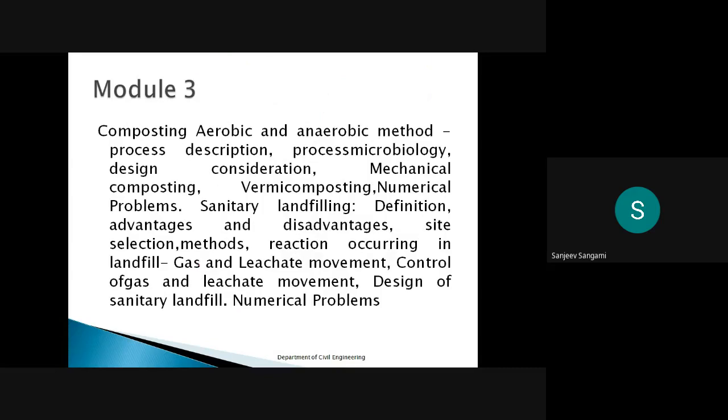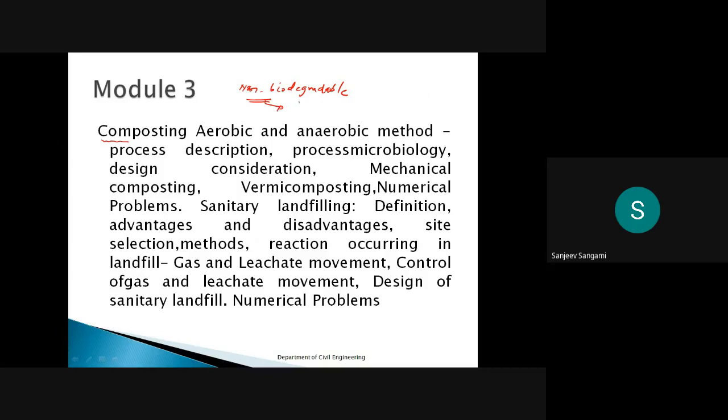The third module is completely related to composting. The previous second module is related to non-biodegradable components. If waste is biodegradable, for example wood waste, paper waste, or food waste, you're not supposed to burn it.